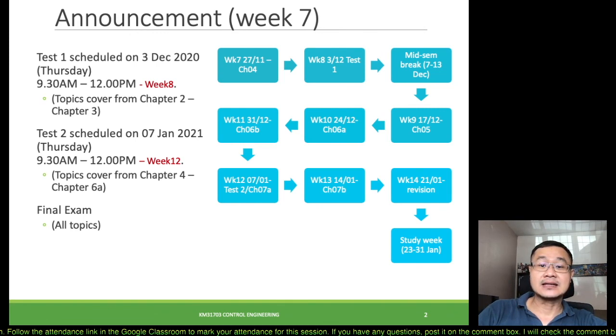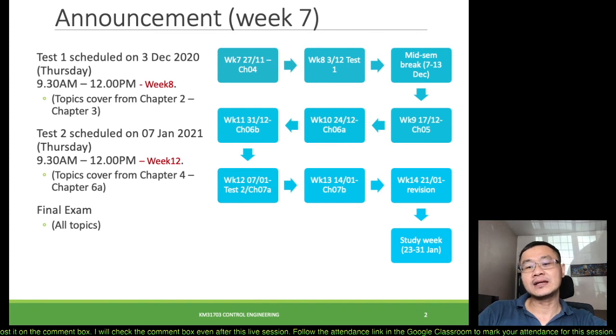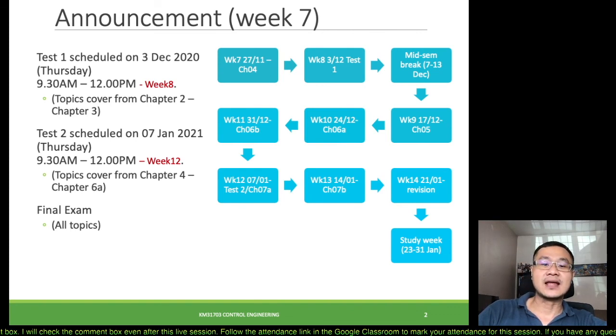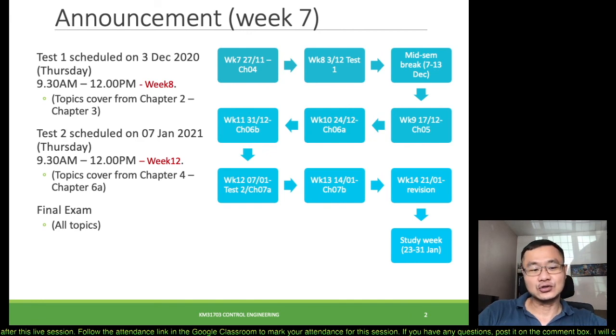Hopefully before Christmas we will be able to cover 6A. Then you will have one more week, and then we will have the test. So this is our current planning. Hope that is clear and fine with you.